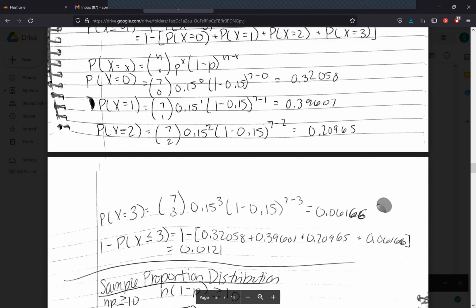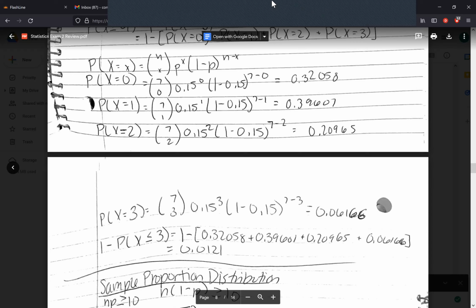And this is so confusing, and this is why binomial distribution sucks, and why approximating it is a lot better. But because it's kind of a small scale, we have a small sample size of just 7 free throws, you can do it this way, but it just is not very fun.